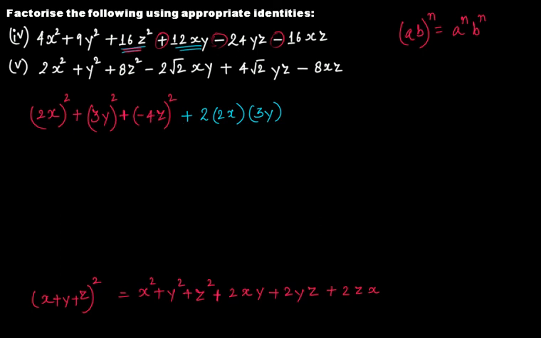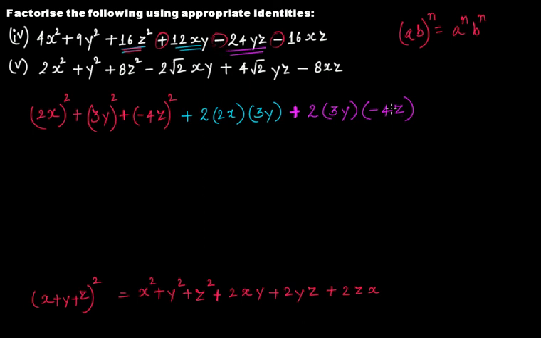Therefore, if we have to deal with this one, minus 24yz, then let's write it as plus 2, then you have this y, that's 3y, and this z, that is minus 4z. So 2 times 3 is 6, times minus 4 gives you minus 24yz.